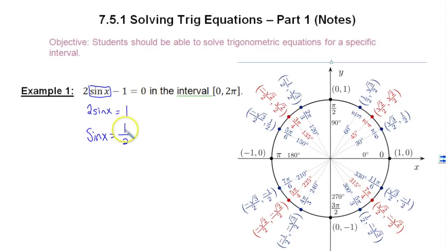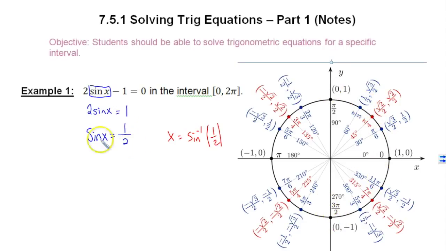Now we're not going to take the inverse sine. I know some of you are tempted to say, we did this before, x is equal to the inverse sine of 1/2. Well, here's the problem, guys. The inverse sine has restrictions: between pi over 2 and negative pi over 2.